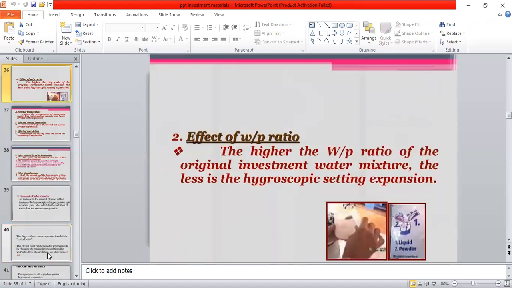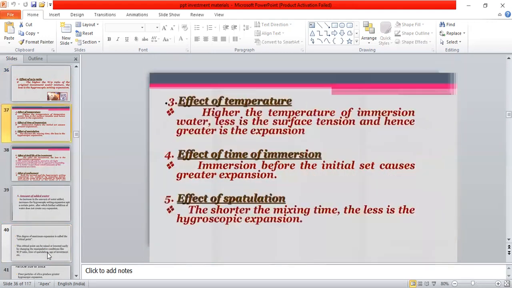Next, the effect of the water powder ratio: the higher the water powder ratio of the original investment water mixture, the lesser is the hygroscopic setting expansion. Then the effect of temperature: the higher the temperature of the immersion water, the less is the surface tension, hence the greater will be the expansion.